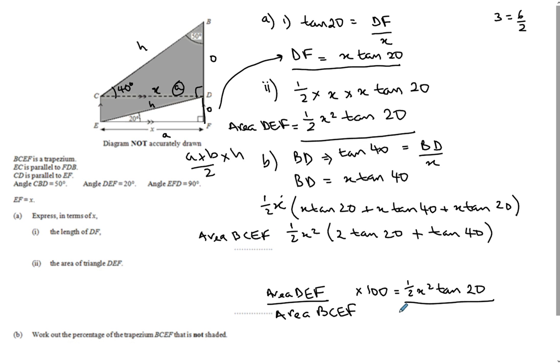And then you stick it in here, half x squared, and then 2 tan 20 plus tan 40. Okay, the half x squareds cancel out, and you're left with tan 20 divided by 2 tan 20 plus tan 40 times 100 to convert it into a percentage.